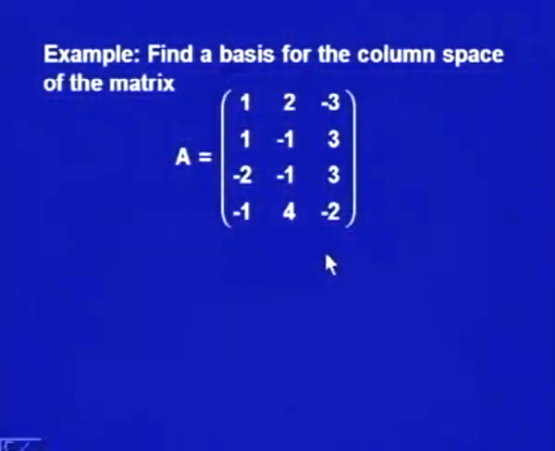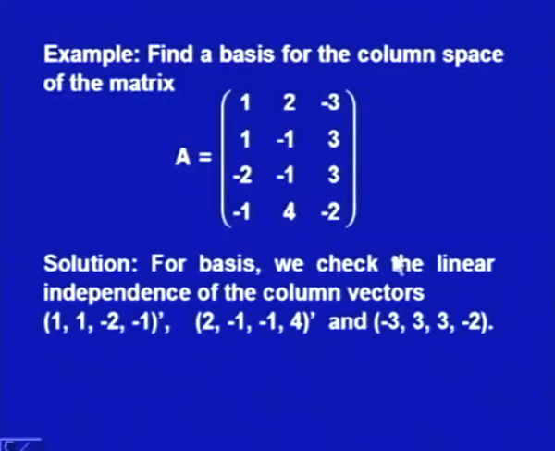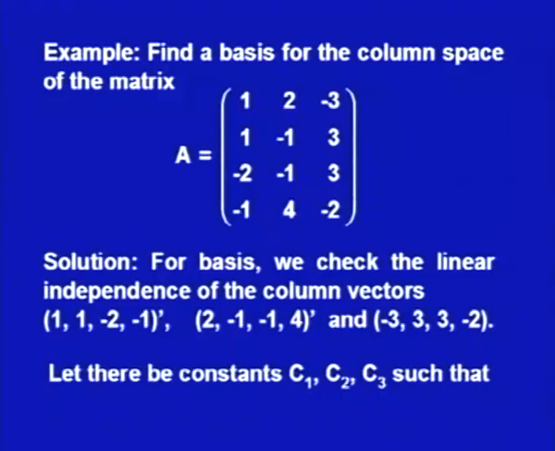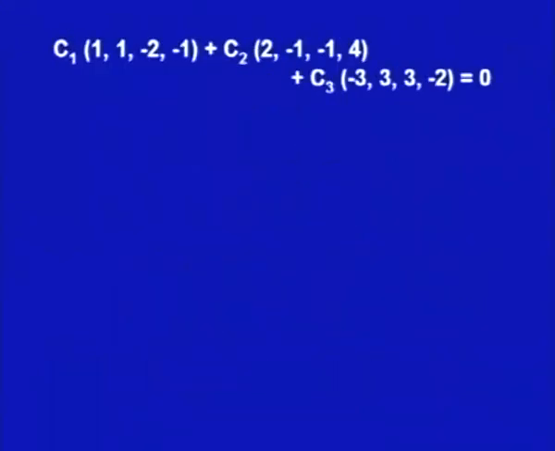Now, we try to find the basis for the column space of the given matrix A. Given this matrix A, the column vectors (1, 1, -2, 1), (2, -1, -1, 4), (-3, 3, 3, -2) are considered, and let C1, C2, C3 be arbitrary constants. Start with this linear combination: C1 times the first vector plus C2 times the second vector plus C3 times the third vector is equal to 0.